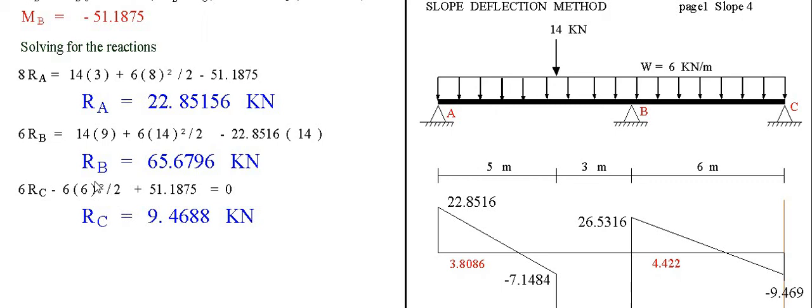Transfer this to the right, positive, then minus 6 times 6 square divided by 2 minus 51.1875, then equal to 56.81 divided by 6.